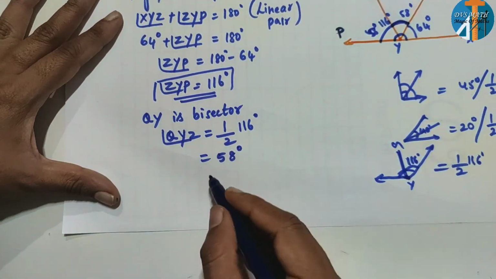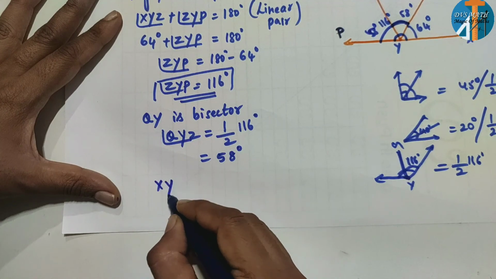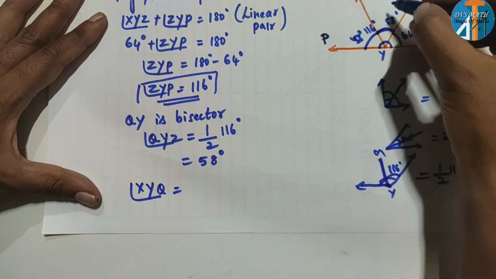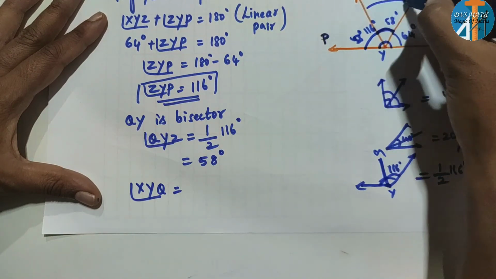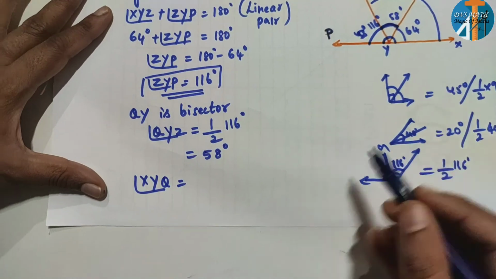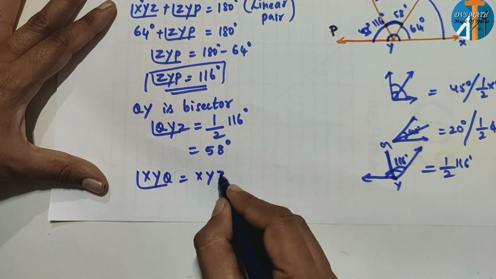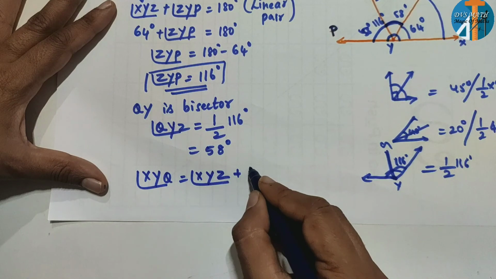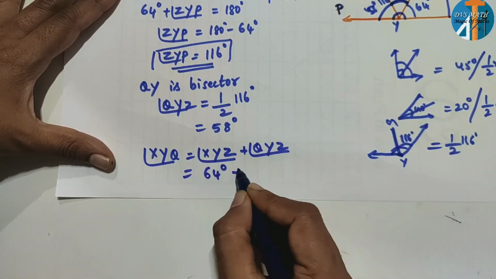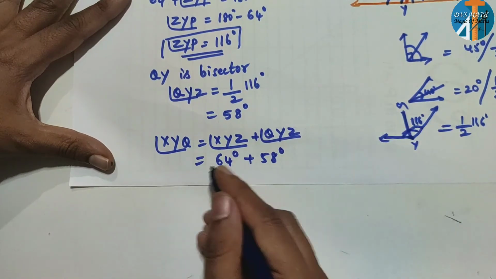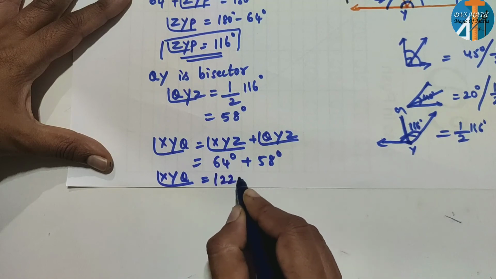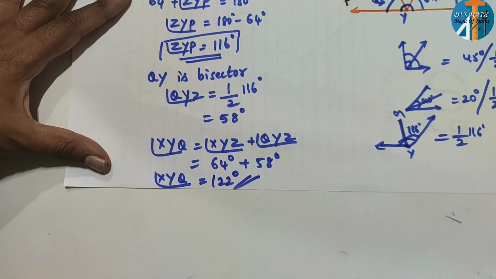Now they have asked to find XYQ. XYQ means this whole angle. That means we have to add these two angles: XYZ plus QYZ, which we found now. So 64 degree plus 58 degree. How much did we get? XYQ is equal to 122 degree.